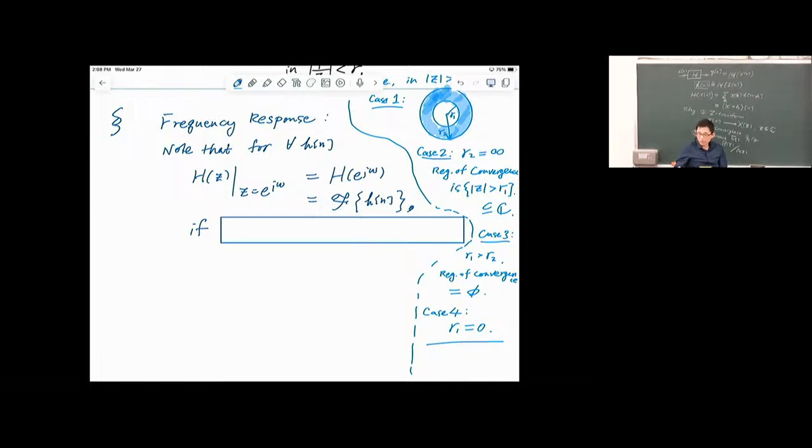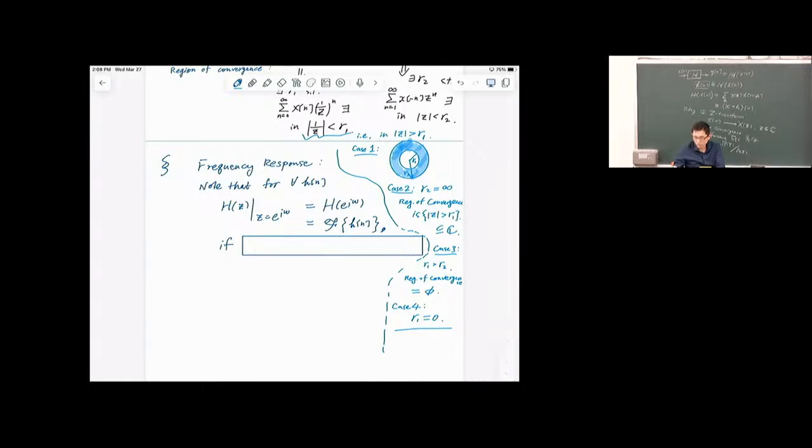Okay, so all these cases, it turns out that in most of this semester, at least in my classroom, I'm most interested in case number 2. For the kind of system that we will encounter, mostly we talk about case number 2.